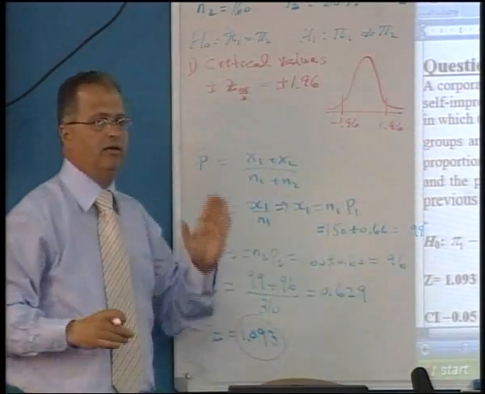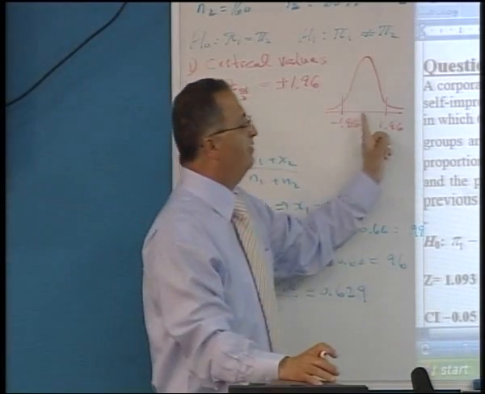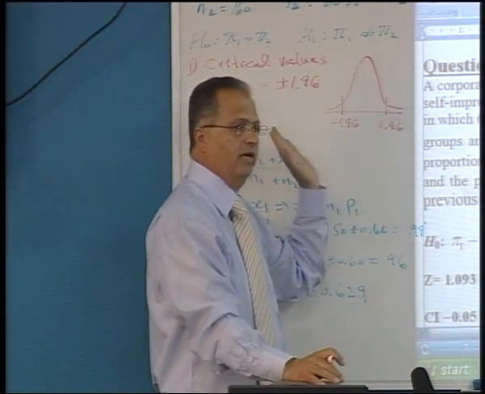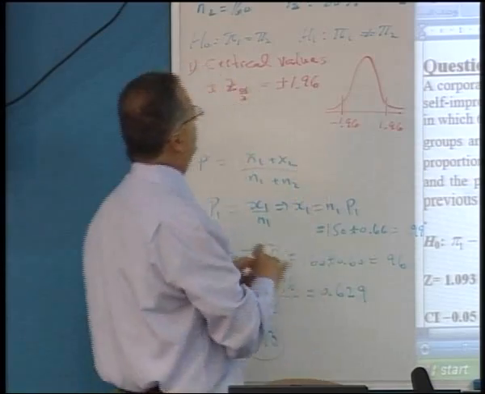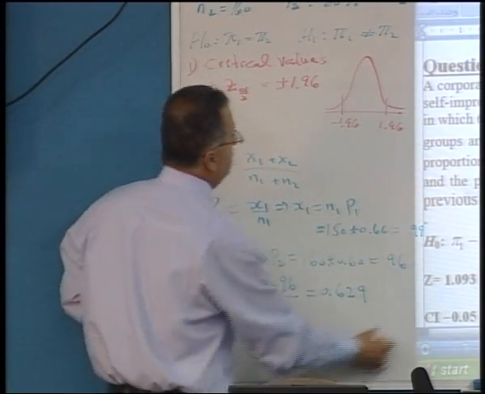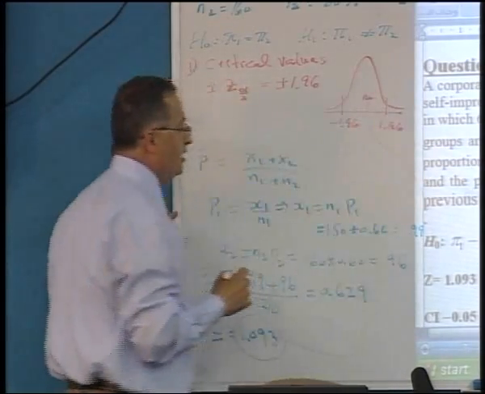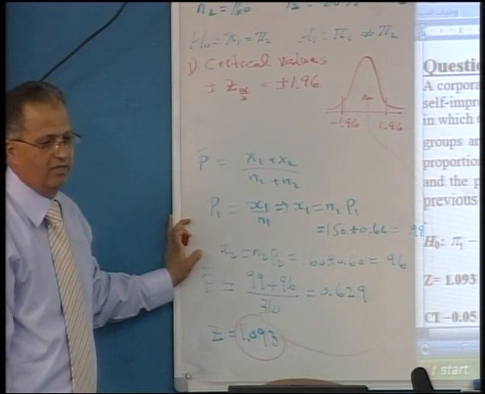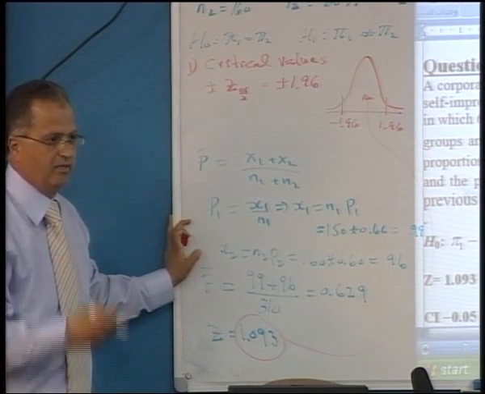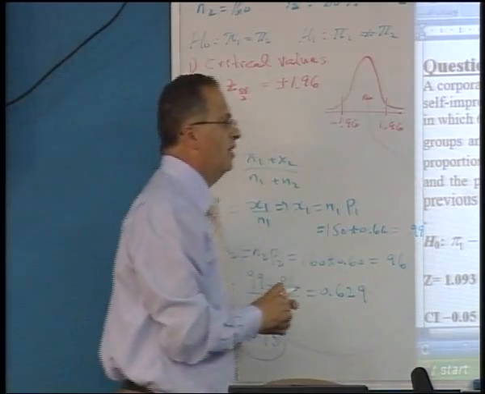My critical regions are above 1.96 or below negative 1.96. This value actually falls in the non-rejection region, so we don't reject the null hypothesis.